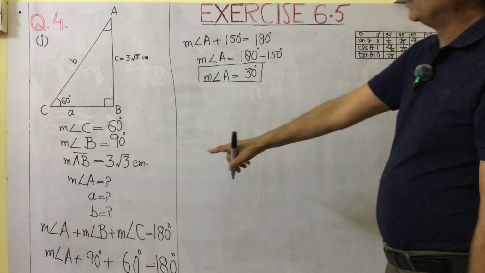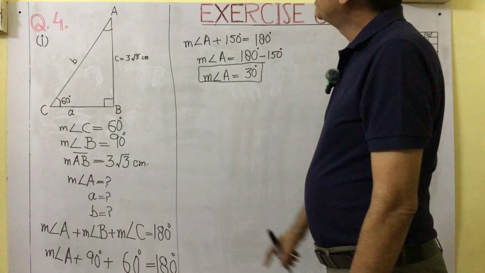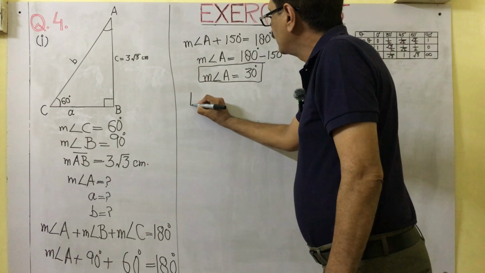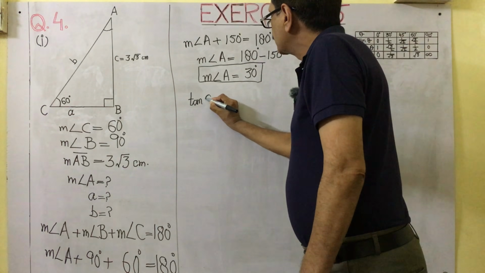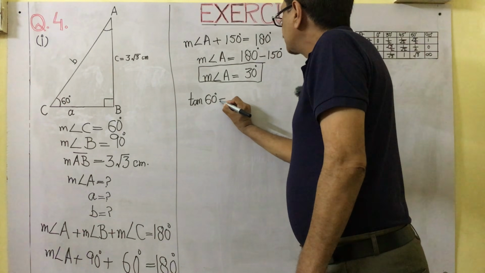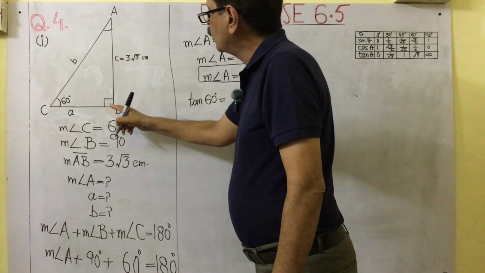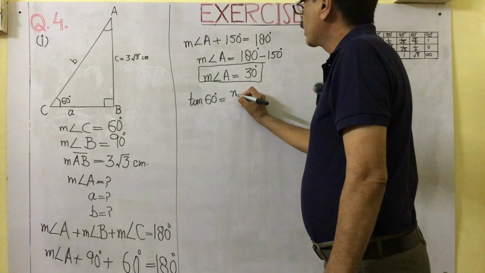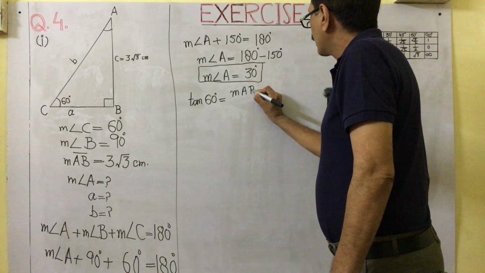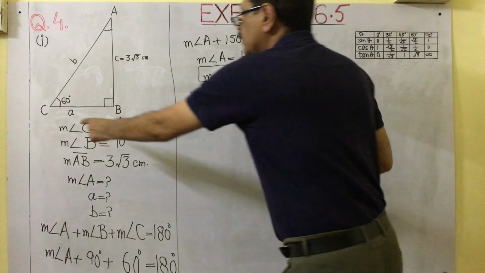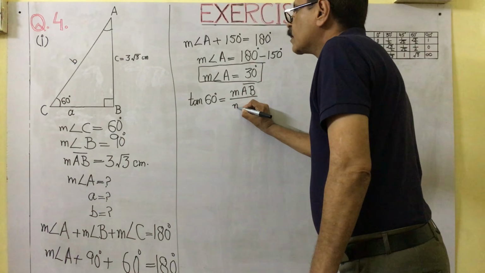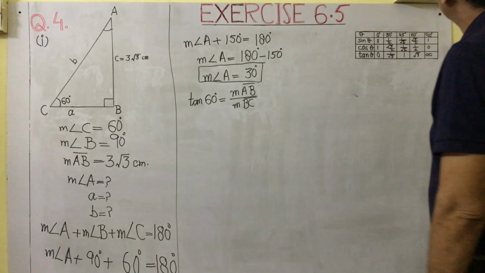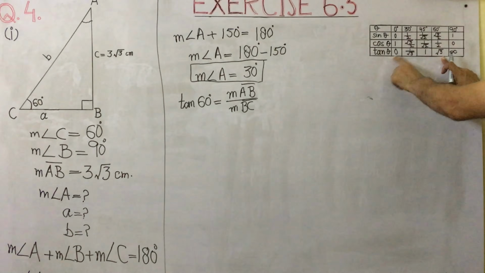To find out a, we can use the trigonometric ratio tangent of 60 degrees. Tangent of 60 degrees is equal to perpendicular over base. Putting the values, tangent of 60 degrees is equal to square root of 3.